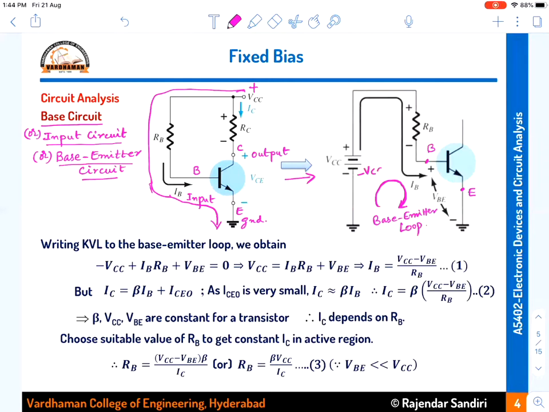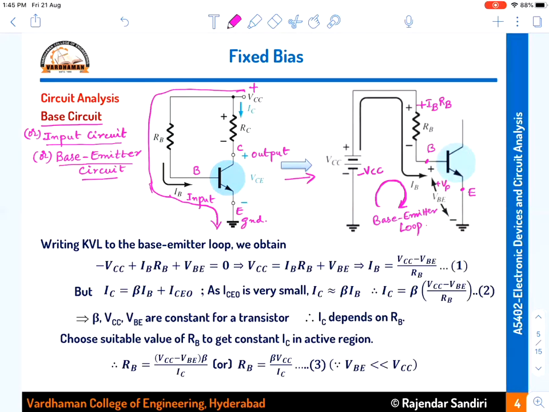And in the clockwise direction I am entering the resistor at the positive terminal, and the current flowing here is IB and the resistor is RB. So it will become plus IB RB, the voltage across this resistor, and across the base emitter junction the voltage is plus VBE.